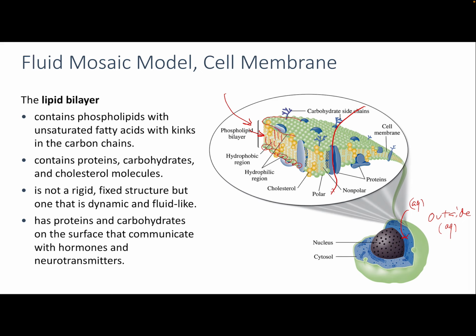It's very full of different things. They call it a mosaic because of how many different parts go into it, and fluid because everything can shift and move around. Like this can move through here and pair up with this guy, and all of these things are free to move past each other within the bilayer.